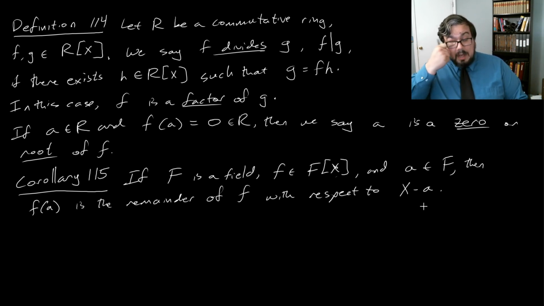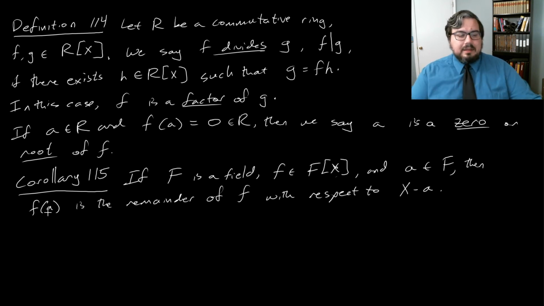So here, again, we are thinking of the field as sitting inside the polynomial ring. So F of A is by definition an element of the field. It's what you get when you take the polynomial F, replace all the indeterminates by this field element A, and you get an algebraic expression, sums and powers and multiplication.